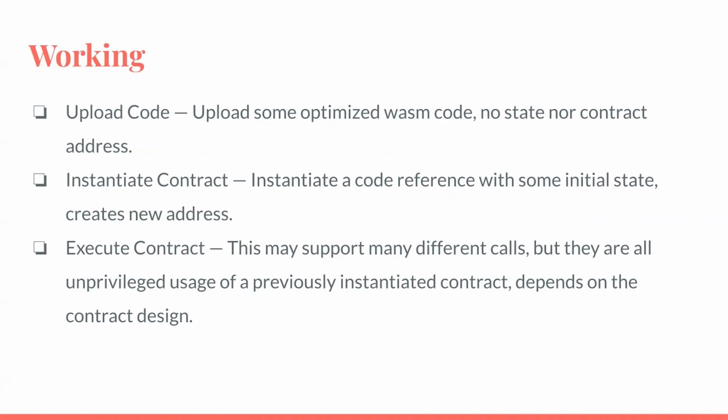Since that code is just bytecode and has no instance, here comes the instantiation functionality, where you need to provide some initial state to the contract, and based on that state you can interact with the contract using execute transactions. Note that suppose you have one code you have uploaded to the blockchain, you can create as many instances as you want, and each instance will have its own state variables.